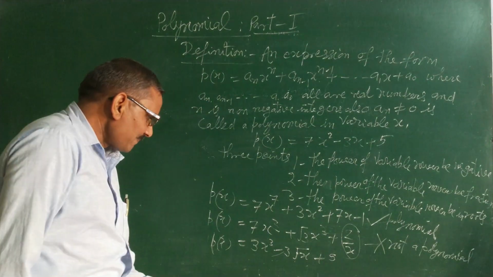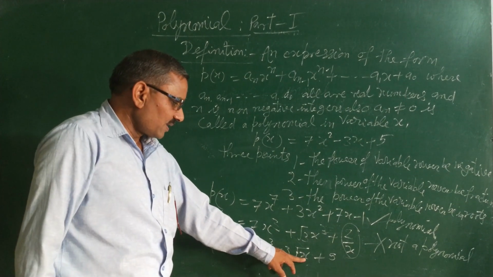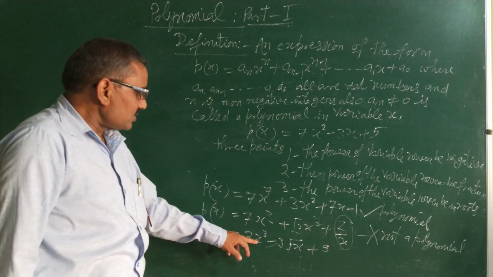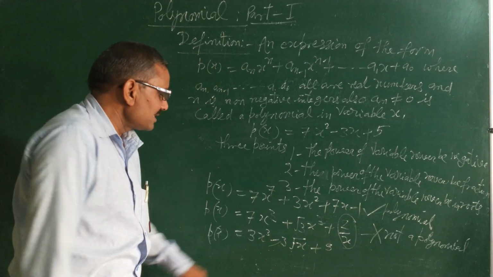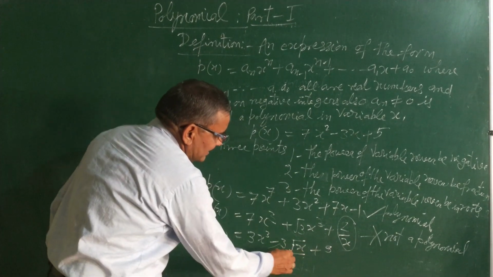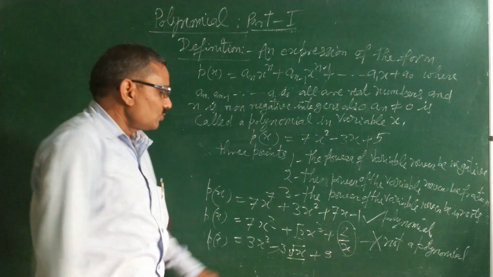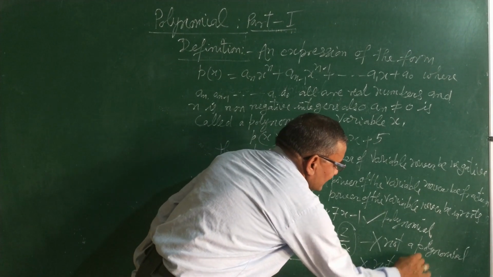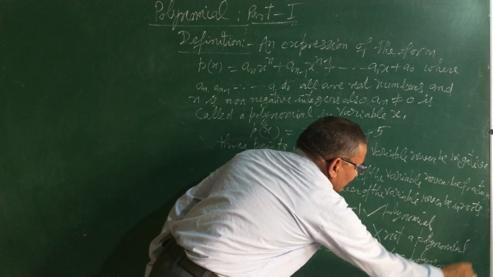Again in the third case, here 2x cube minus 3 under root x plus 9. Here there is under root x, meaning the power of x becomes 1 by 2. So it is also not a polynomial.